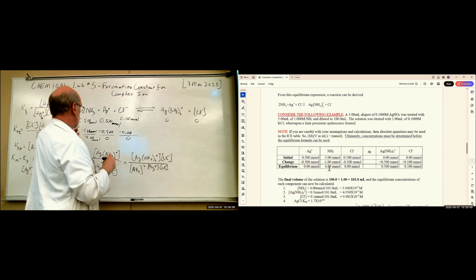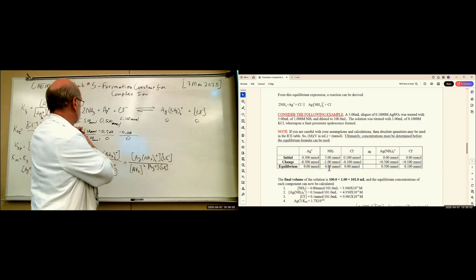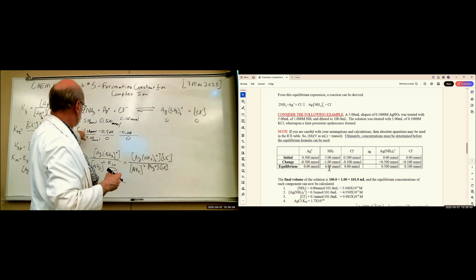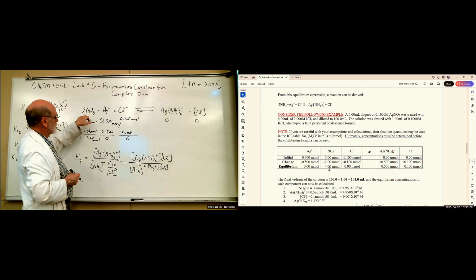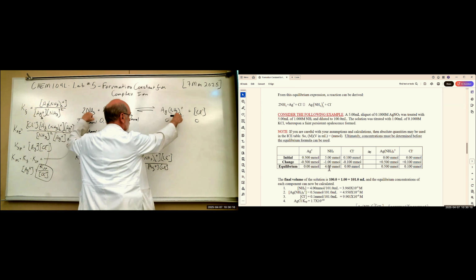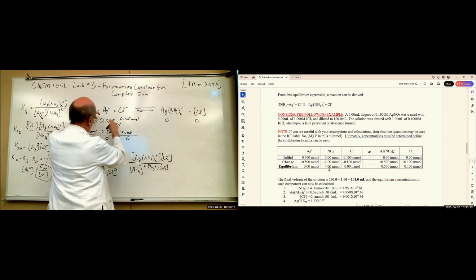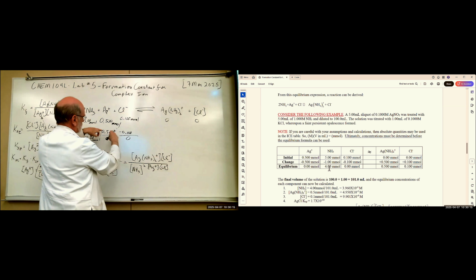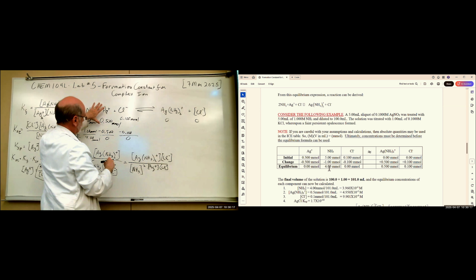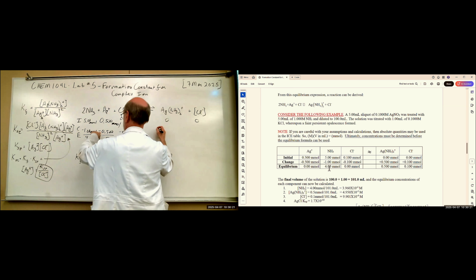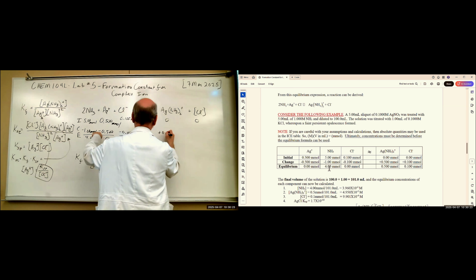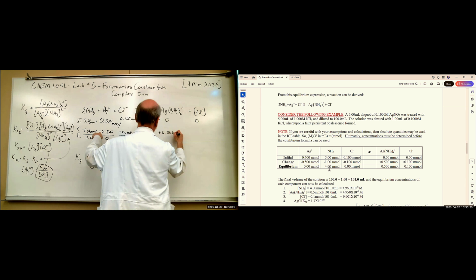Okay. So what happens to the change over here? Well, if we lose 1 millimole of ammonia here, the ratio is 2 of these gives you 2 of those. Or 1 of these gives you 1 of those. That would be a better way to go. 1 of these gives us plus 0.5 millimoles.